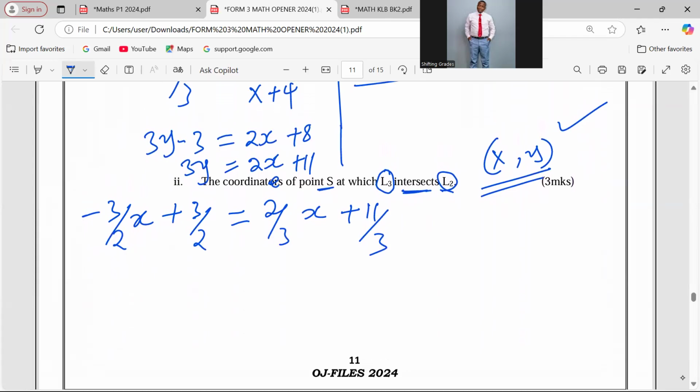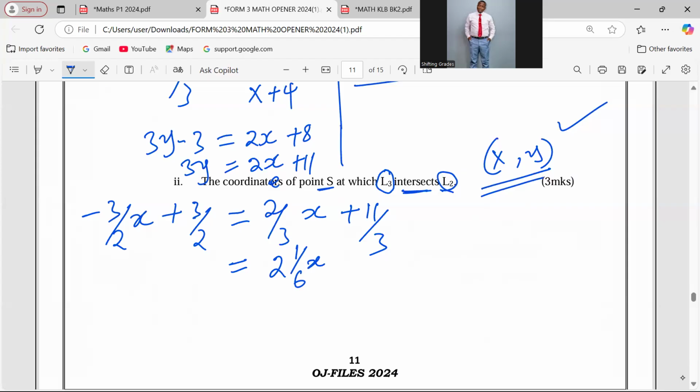So now from combining x, I'm having 2 over 3 plus 3 over 2. This is giving me 2 and 1 over 6 x. What about the constants?